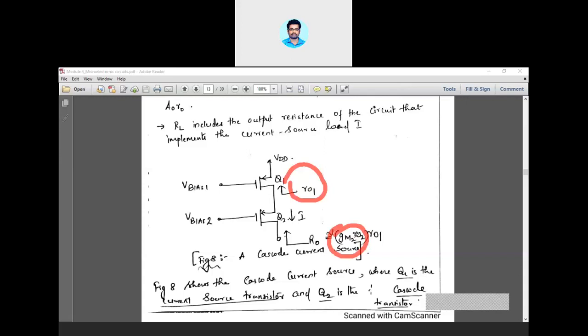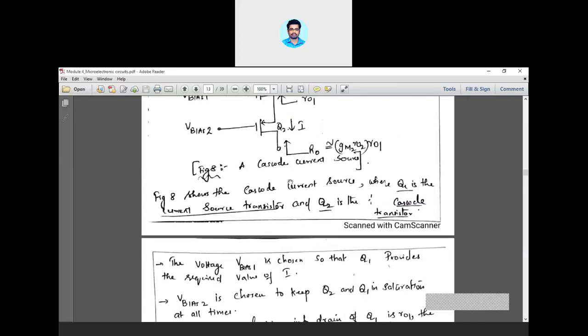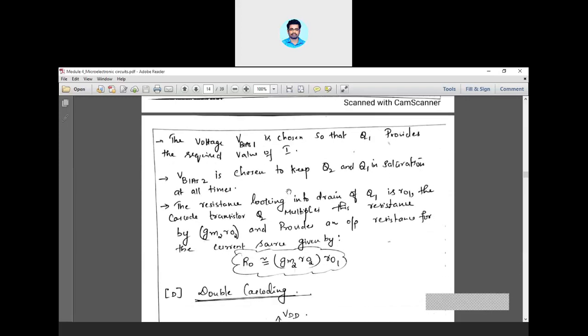A0 is gm into RD or gm into R0, which is the gain of the second transistor, that is the common gate. So this much output resistance you are getting. So that much output resistance can be delivered by a constant current source so that your amplifier will amplify with a much higher gain.